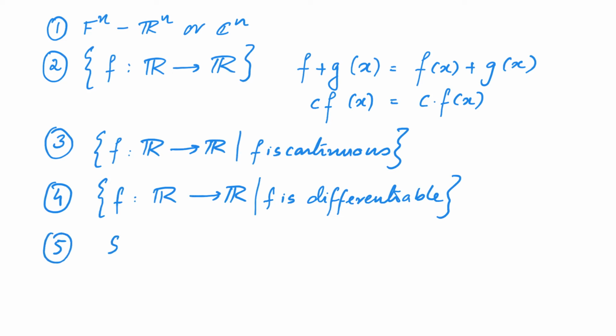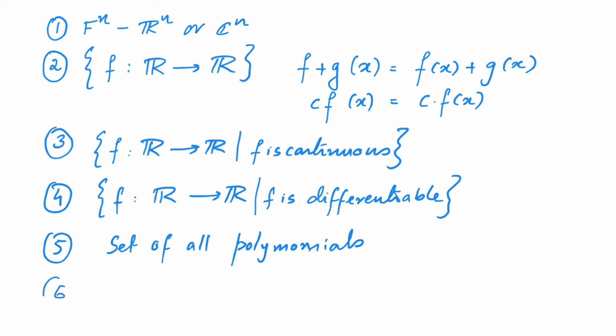Another example would be the set of all polynomials. Once again, this is also a subclass of the set of all functions. Polynomials are functions. So the operations addition and scalar multiplication are clear. We can also further take a smaller class.